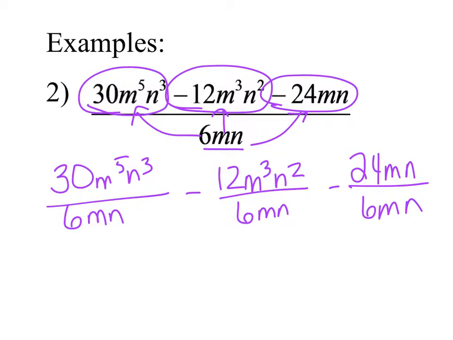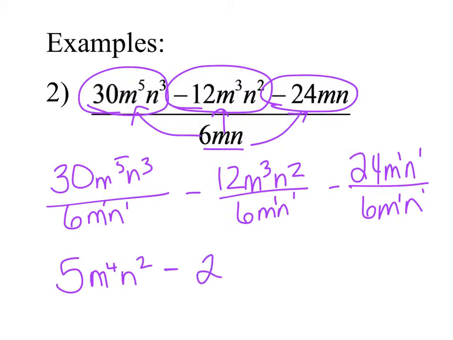Divide. 30 divided by 6 is 5. And then remember, these all have 1s on them. If there's no exponent, it's a 1. So you may want to put it there so you remember. So 5 minus 1 is 4. 3 minus 1 is 2. 12 divided by 6 is 2.